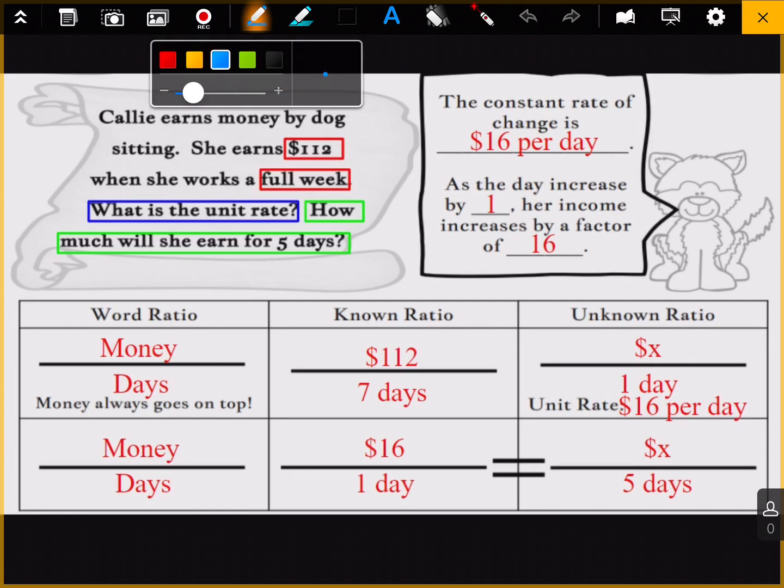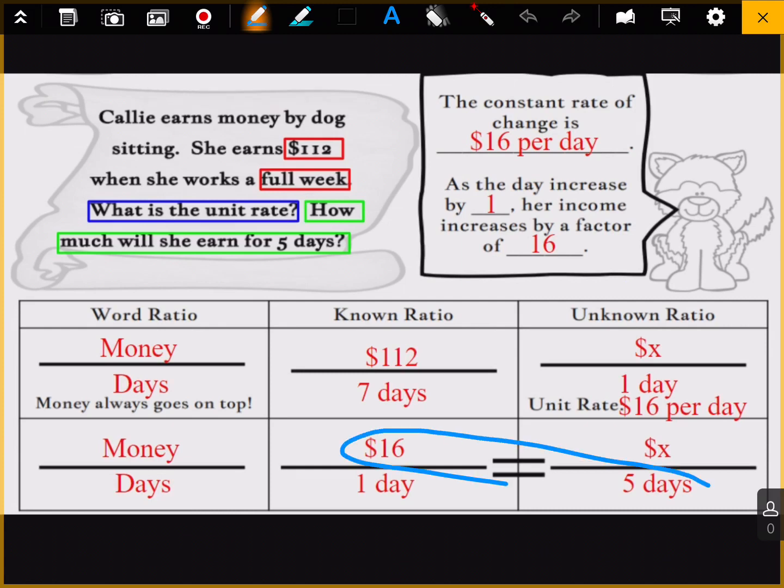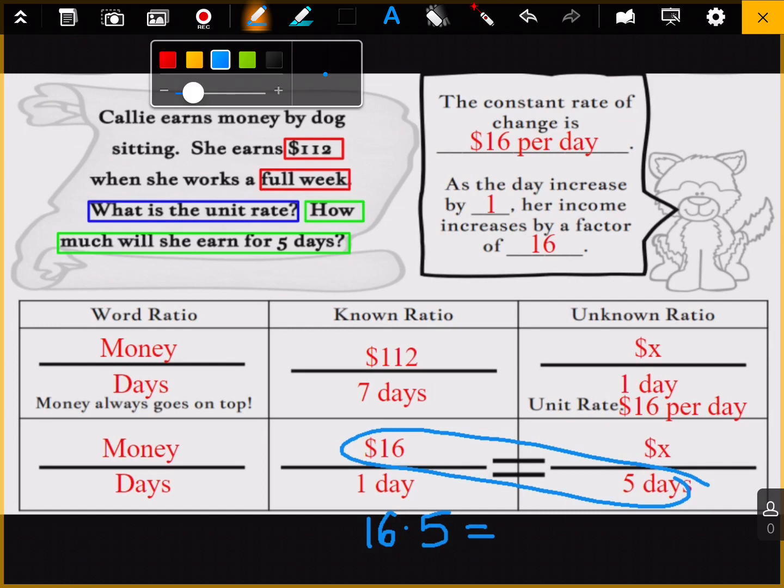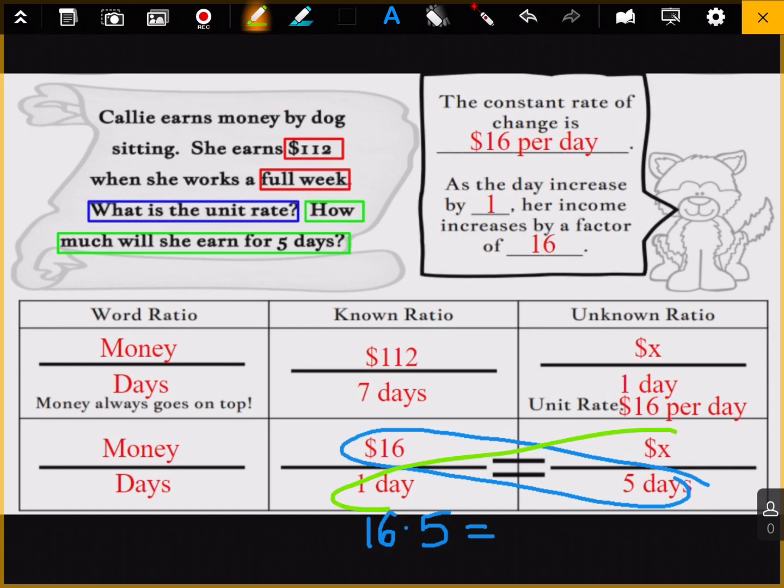We are going to cross multiply, so 16 and 5. So we're going to do 16 times 5 down here is equal to, and then what is on the other side, which is 1 and x, so 1 times x. When I multiply these together, 16 times 5 is 80.